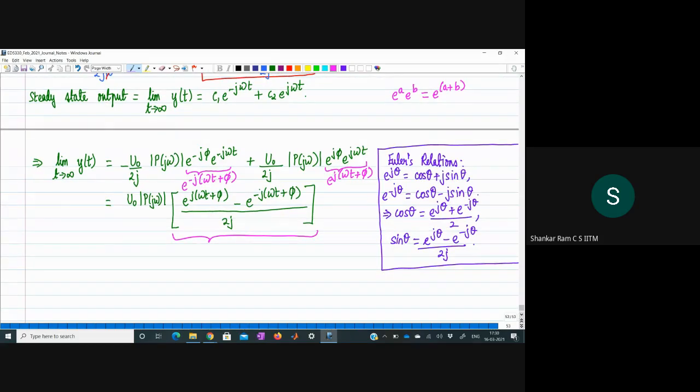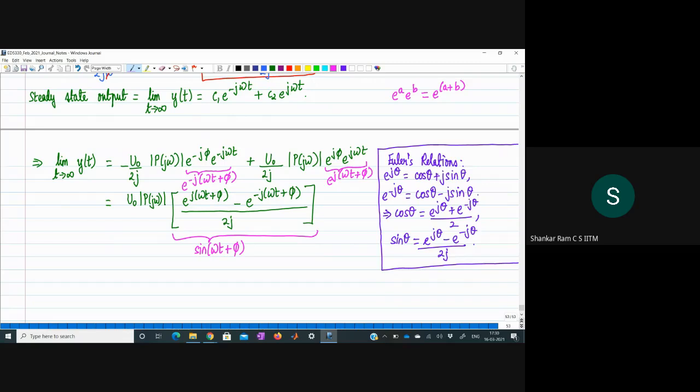What do you think we will be getting if we use Euler's relations here? What will be the term in the square bracket? Sin omega t plus phi. Very good. It will be sine of omega t plus phi.